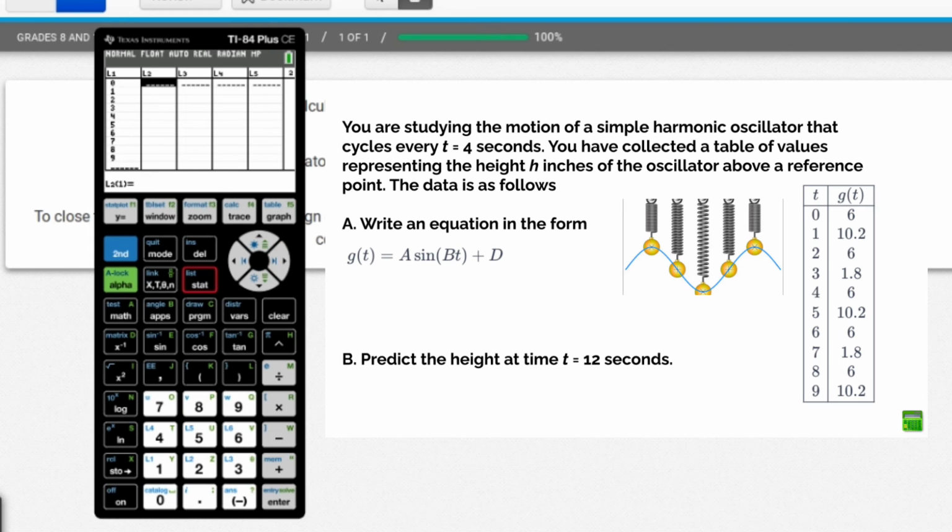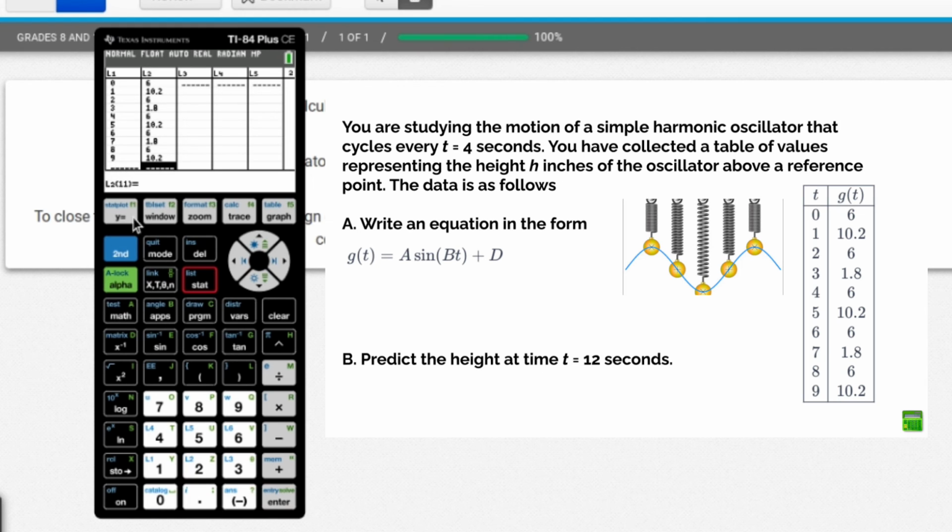And then we have 6, then 10.2, then 6, then 1.8, then 6, then 10.2, then 6, then 1.8, then 6, and then 10.2. I wish I chose a smaller table, but we did it, and boy, did we have fun.